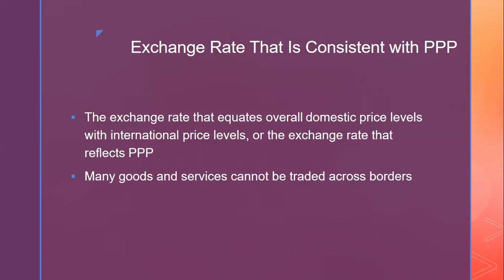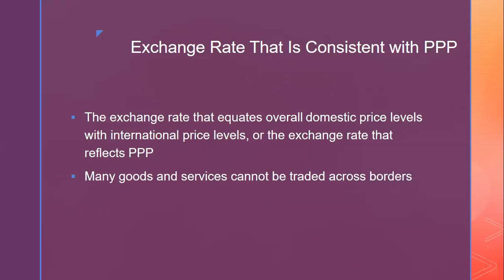right? Similarly, when we are discussing purchasing power parity, we say it suggests that the exchange rate should reflect the value of the domestic currency in its ability to purchase the identical basket of goods and services across borders, right?